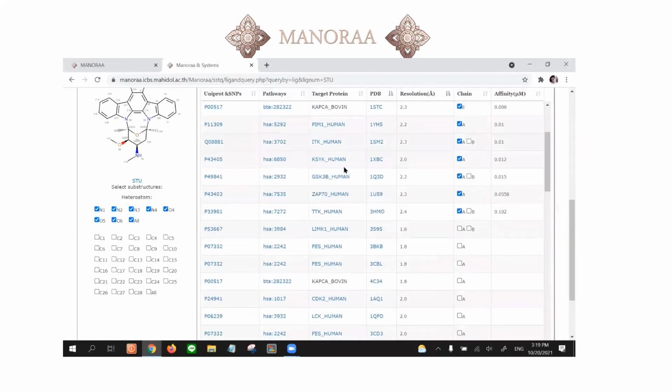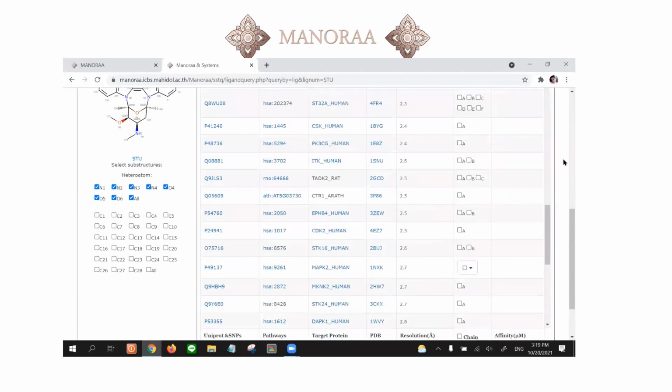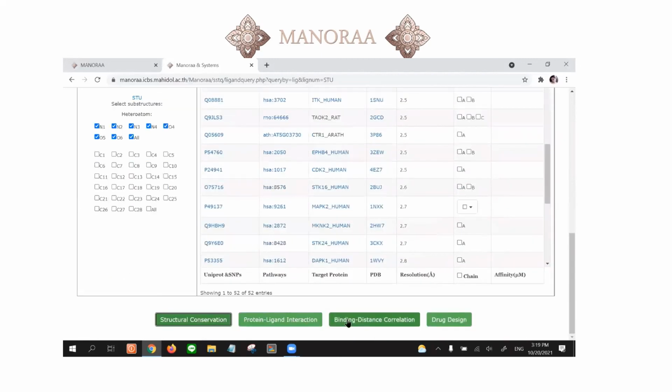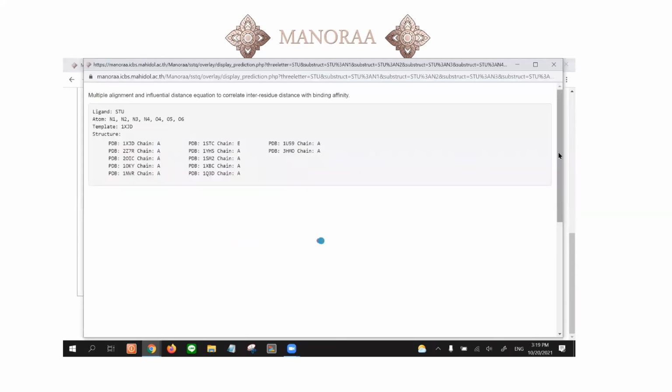And you can go to binding distance correlation. If you click here, it will take the atoms that you selected on the previous page and superpose all these structures atom by atom.